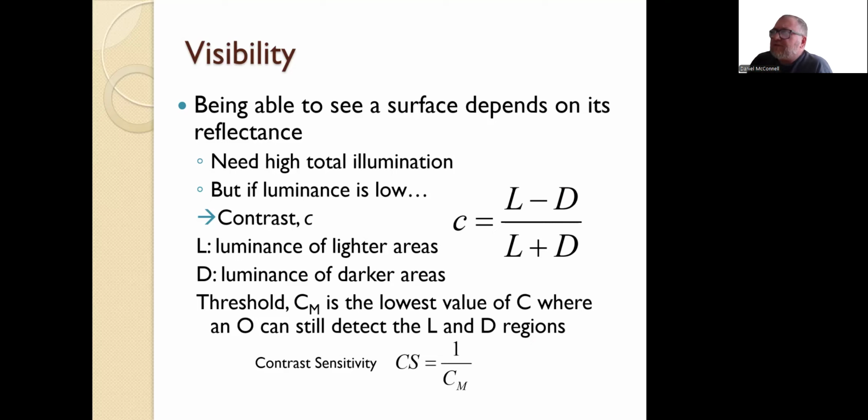And now let's go to the issue of visibility that I was talking about before. So as I noted, in order to make something visible, it certainly needs to reflect light. But we also need to have a high total illumination. So what goes on in a situation where we're in a brightly lit environment?